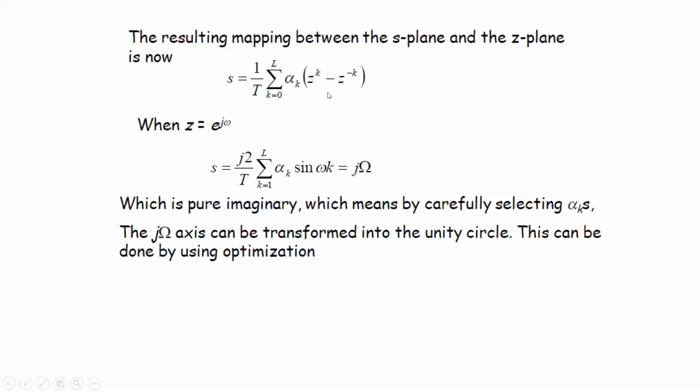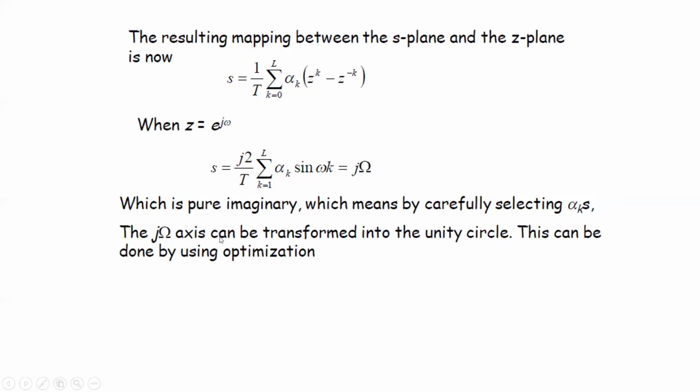If we use this kind of mapping from S to Z, then when z is equal to e to the j omega, s is purely imaginary. By carefully selecting alpha k, the j omega axis can be transformed into the unit circle. This can be done by using optimization.